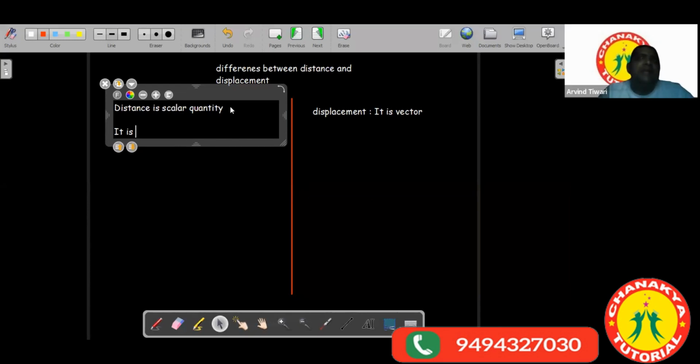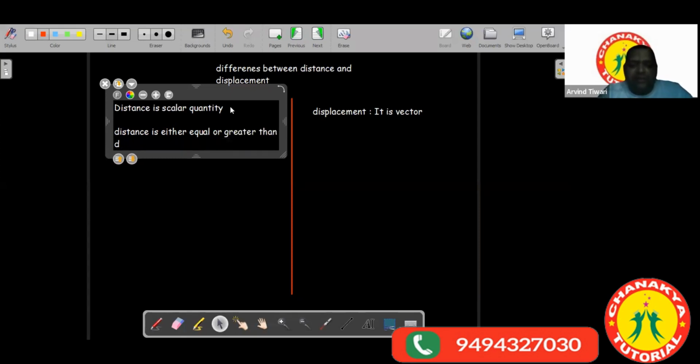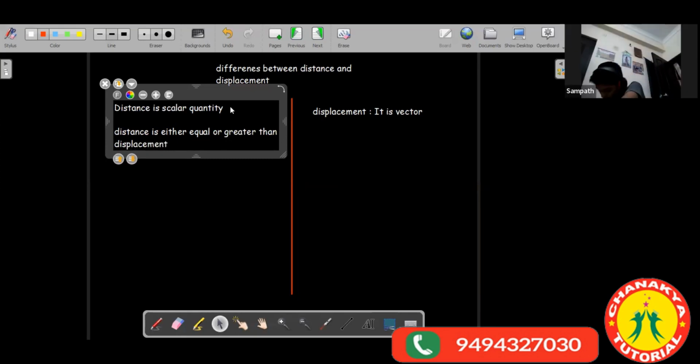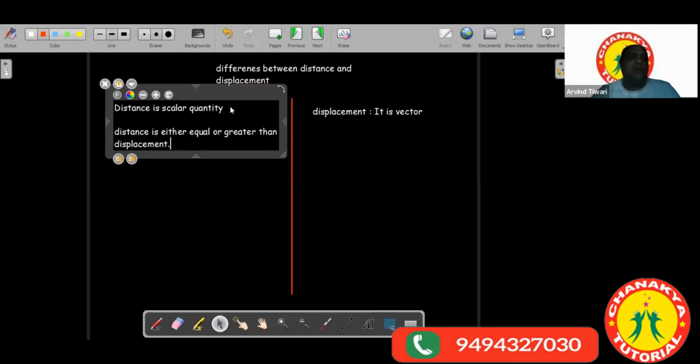You can say that distance is either equal or greater than displacement, but it can never be less than displacement. Okay, sir. This is a good point.